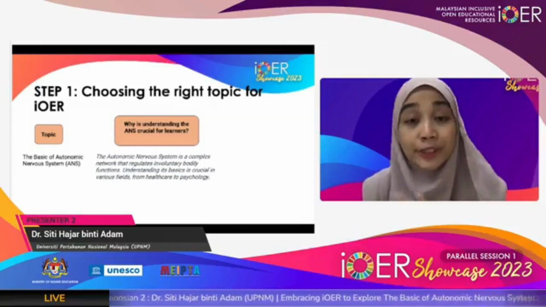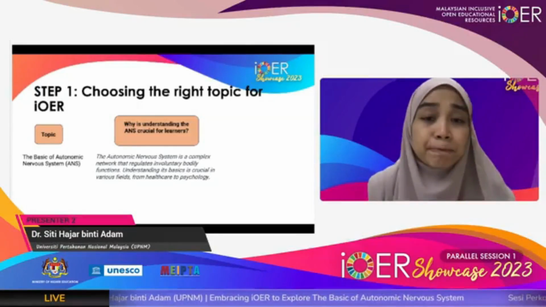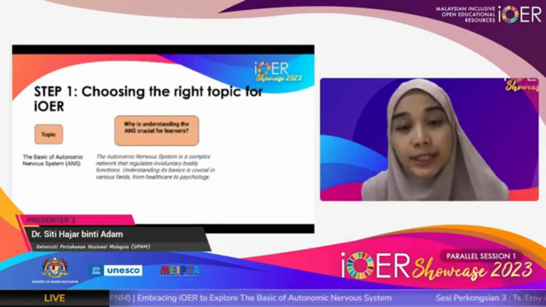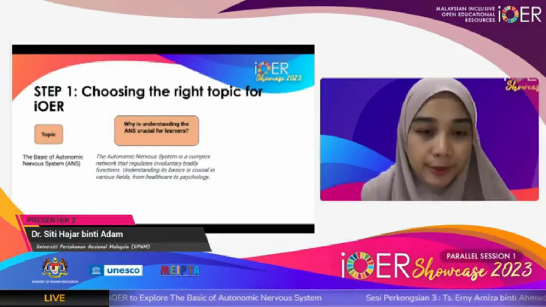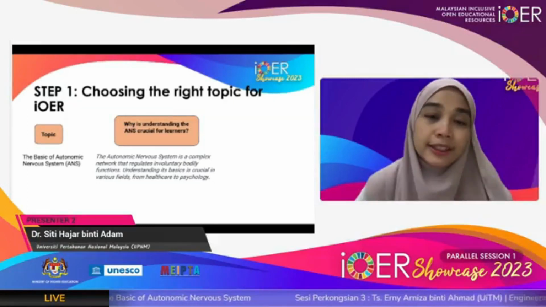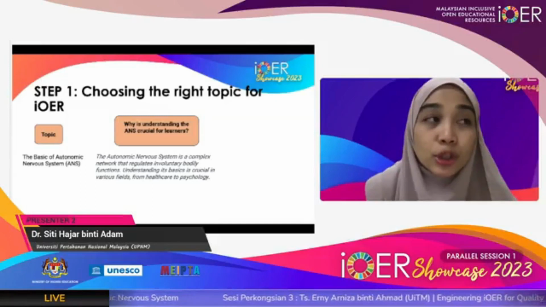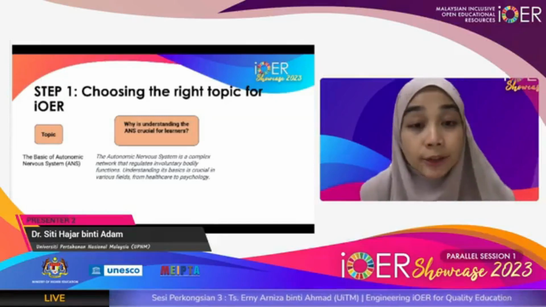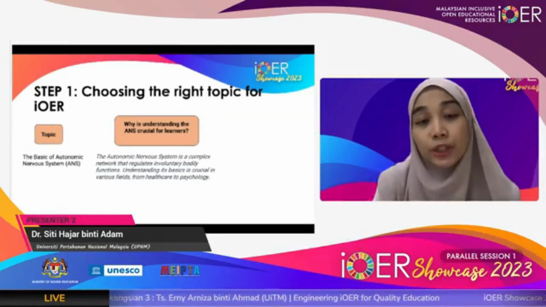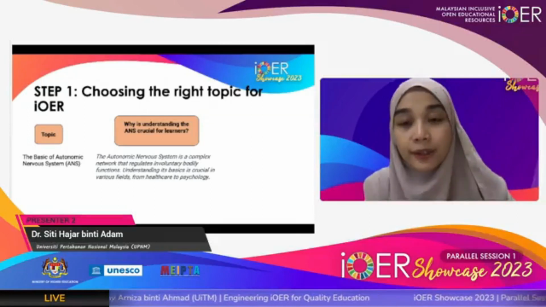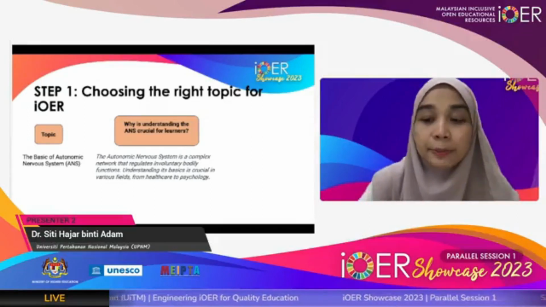The autonomic nervous system, for your information, is the complex network that regulates the involuntary body functions. Understanding this basic topic is not only important for medical students, but it offers a wide range of understanding from healthcare to psychology.